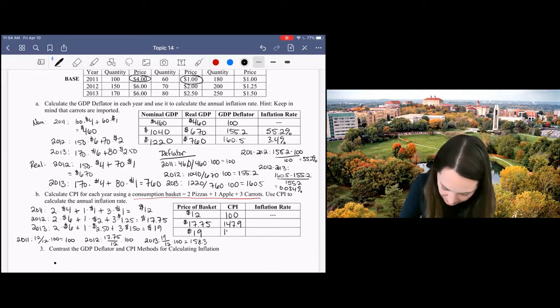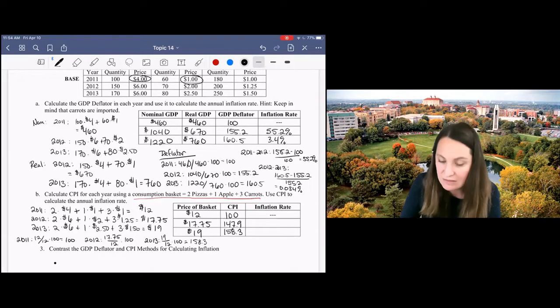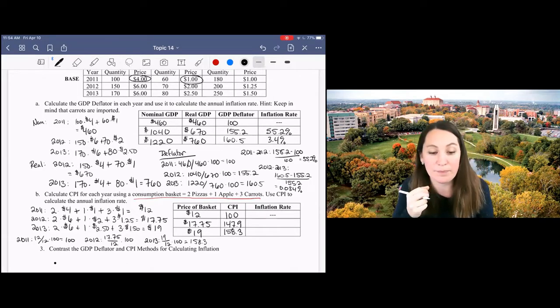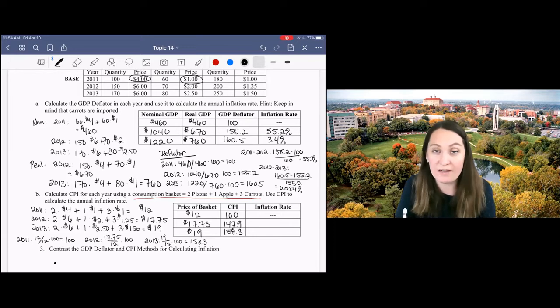And I'm just rounding everything to 1 decimal place. Keep things simple. Okay. Good, so now we've got our price index. And again, this is going to be similar to your GDP deflator. It's different, right? You got different numbers, but it's going to be similar to your GDP deflator.